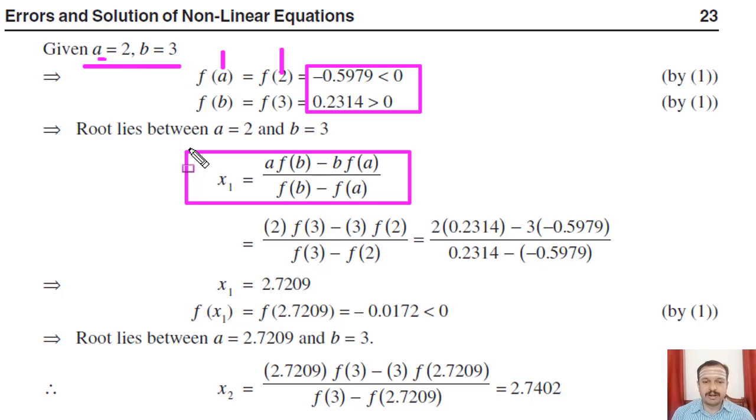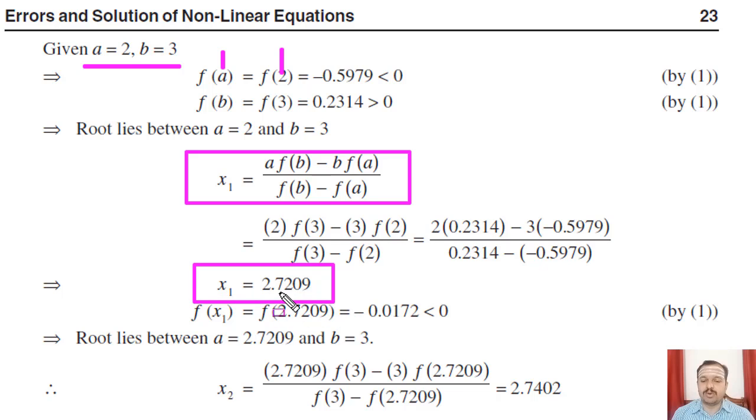After concluding like this, we can use the formula for the first approximation of the desired root, which lies in the interval 2 to 3, that is, a to b. The formula is here, the regula falsi method formula. Substitute the values of a equal to 2, b equal to 3, f of b, f of a, and all other values. If you substitute and simplify, the answer is going to be x1 equal to 2.7209.